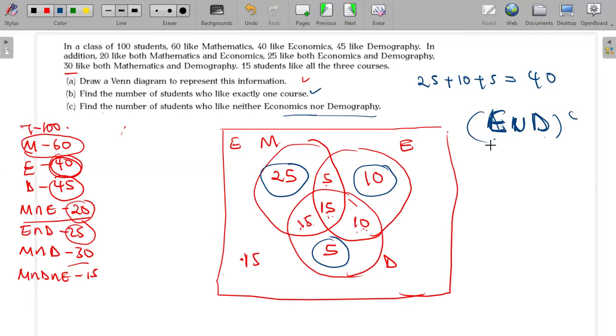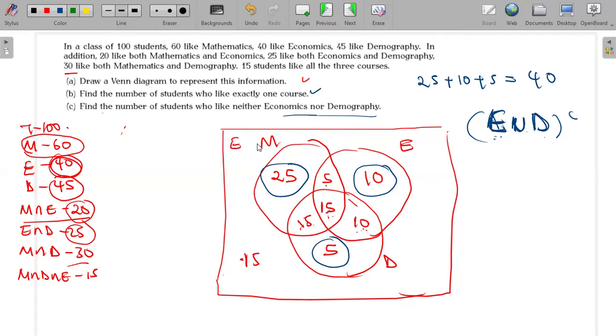So again, just to back up, if we say E union D, it means those that like either economics or demography. But if I take the complement, what I'm saying is these like neither demography nor economics. So now in this diagram, which ones are those going to be?